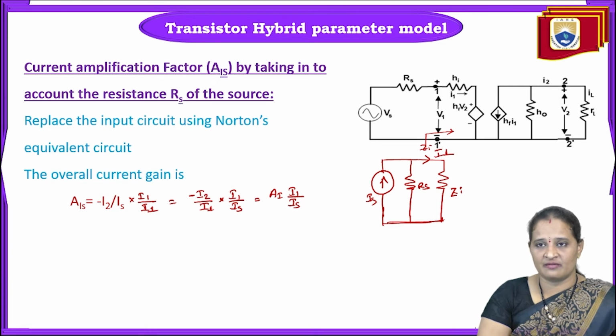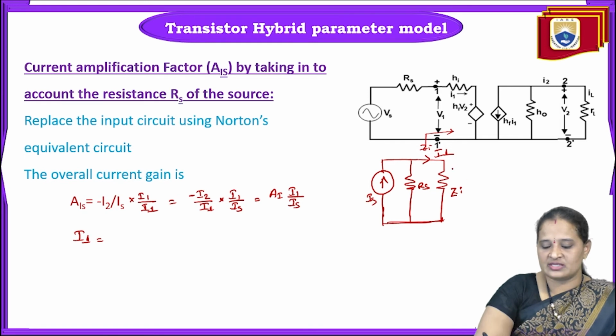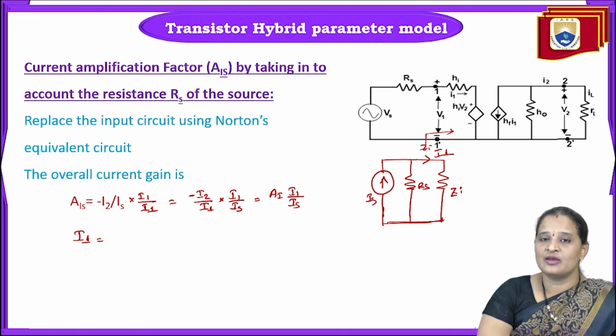Now apply the current divider principle, and find I1. I1 is the current flowing through Zi. According to the current divider principle, the current through a resistance equals the input current into the opposite resistance divided by the total resistance. What is the opposite resistance to Zi? Rs is the opposite resistance.